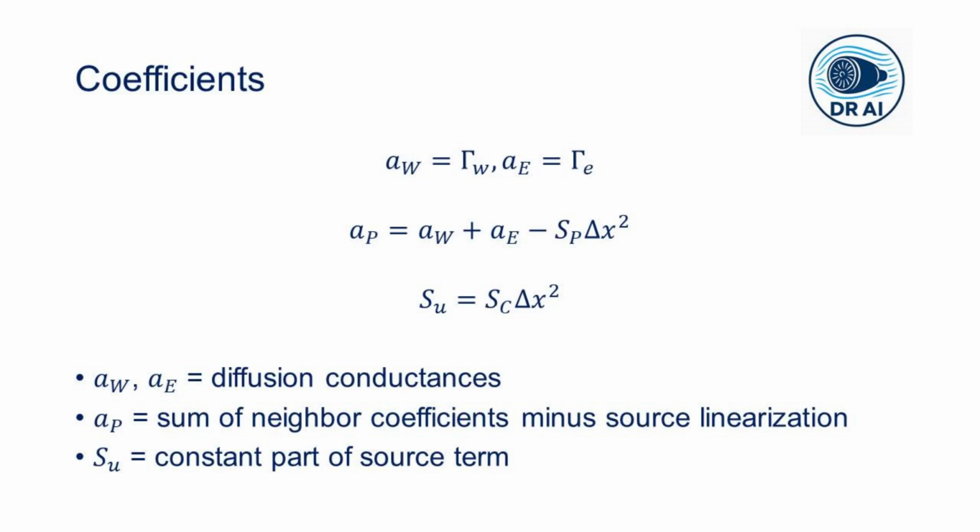Now, moving on to understanding the interpretation and the significance of this concept. This equation tells us that phi P is a weighted average of its neighbors plus a source contribution. The coefficients aW and aE represent the diffusion conductance between the nodes. So why is this method so important?